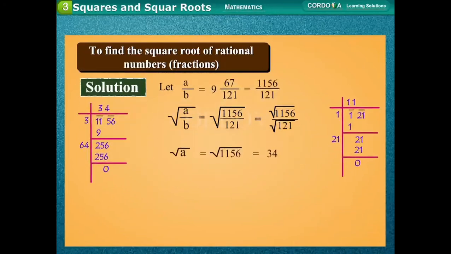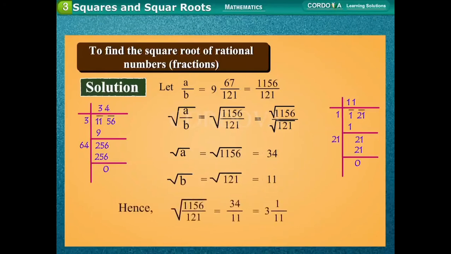The square root of a is equal to the square root of 1156, which is equal to 34. The square root of b is equal to the square root of 121, which is equal to 11. Hence, the square root of 1156 upon 121 is equal to 34 upon 11, which is equal to 3 and 1 upon 11.